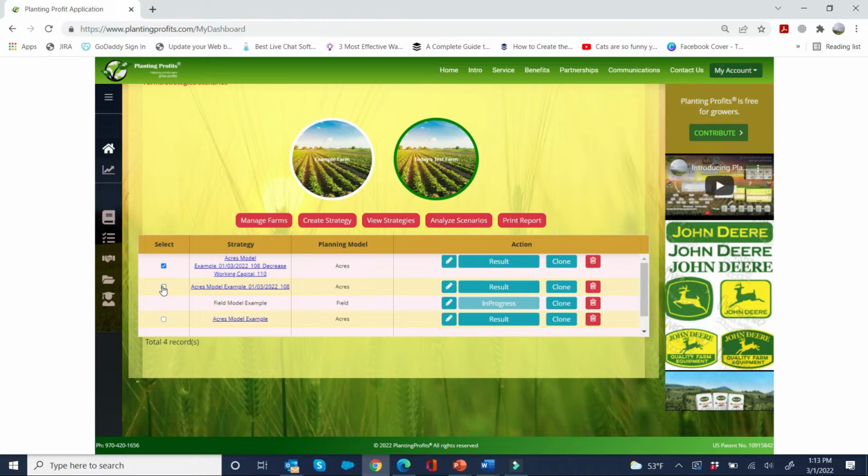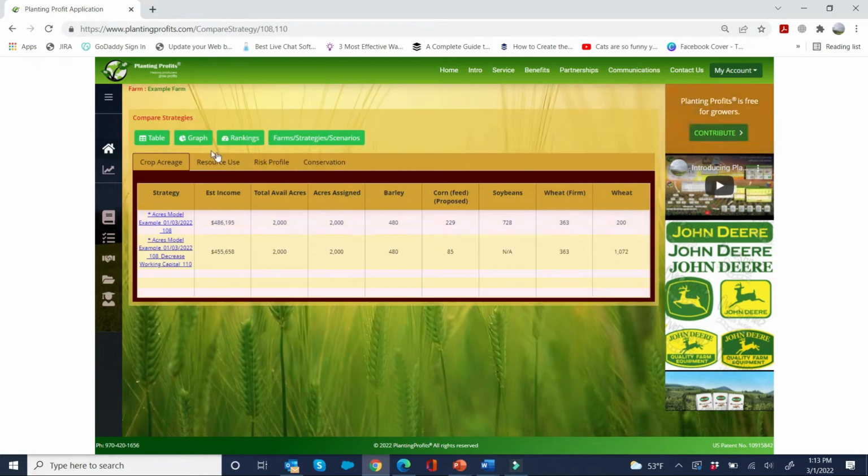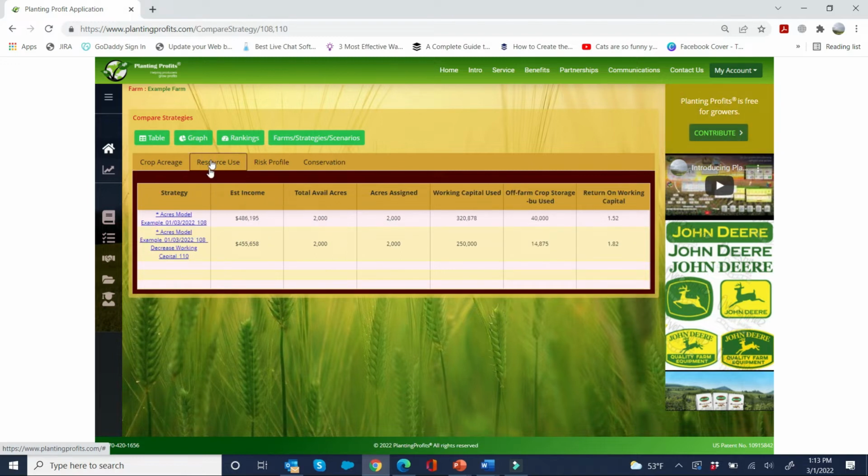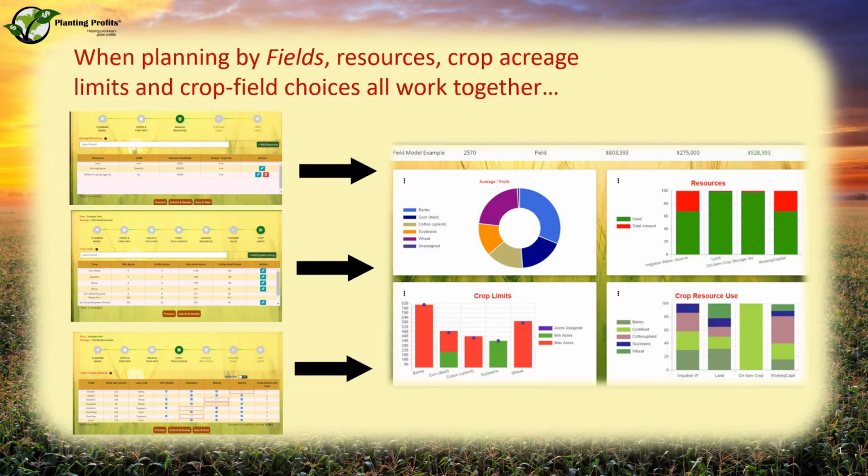Save this strategy. Then compare the crop mix and some of the output measures to the original strategy. Remember, when planning by fields, resources, crop acreage, and crop field choices all interact.